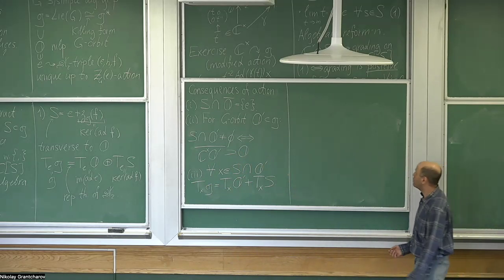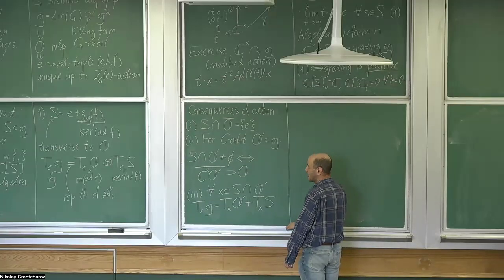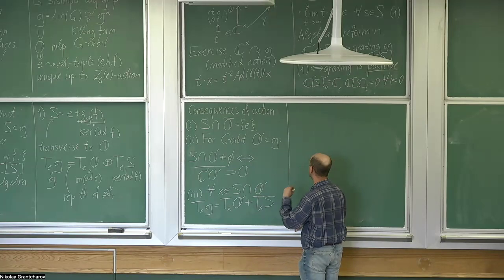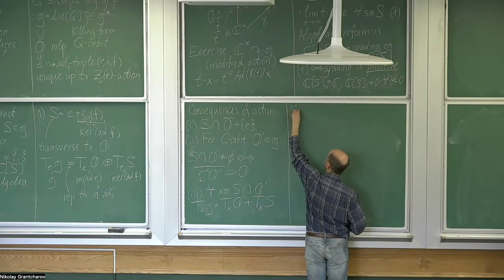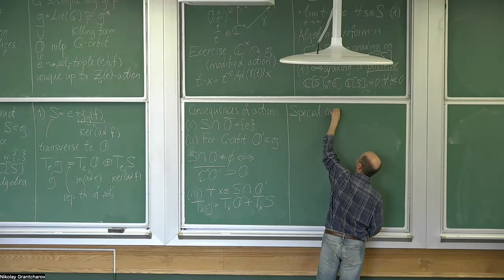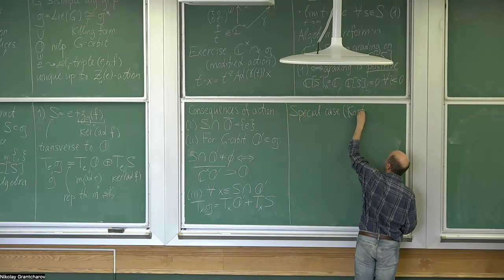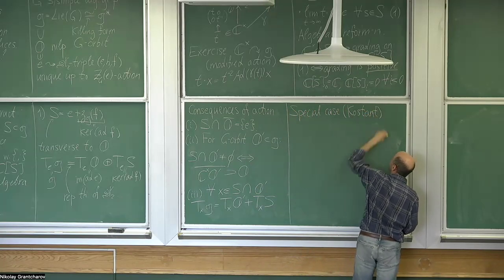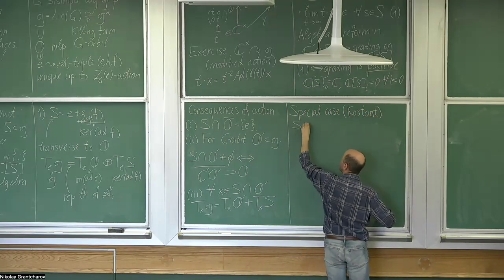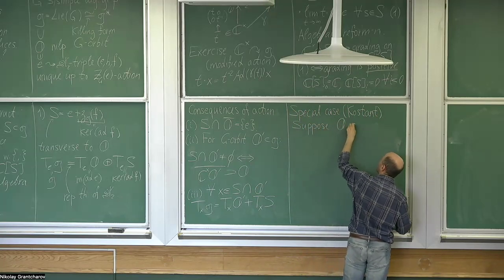Finally, let me mention the special case, which is older than this construction. This construction is due to Slodowy. The following special case is due to Kostant. Suppose for a moment that O is principal.